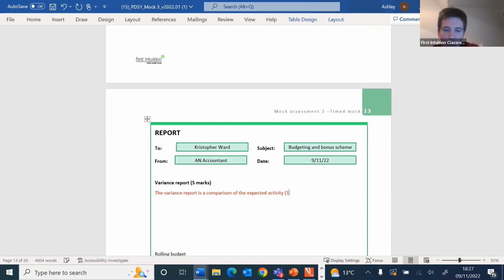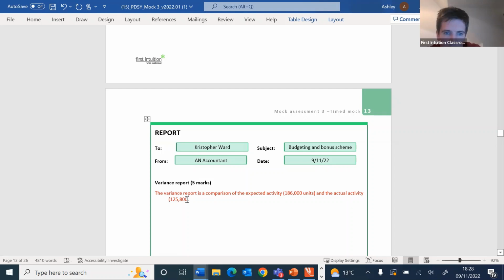I suppose what you could do is put it in the context of the question. So they expected to sell 186,000 units, and they did sell 125,800.